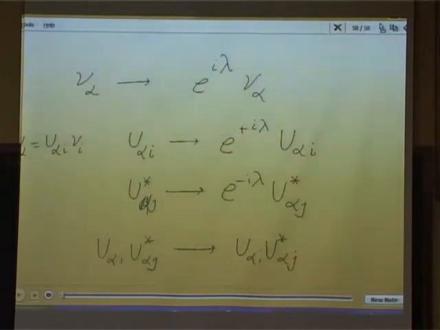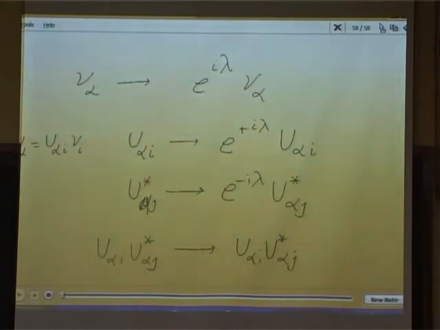So I can change the beta phase and the bracket doesn't change. Similarly for nu i, it doesn't change. Now I'm not using the condition that I can change phases independently or not, so that condition doesn't apply anymore. Even if I can change the phases independently or not, this is always valid.